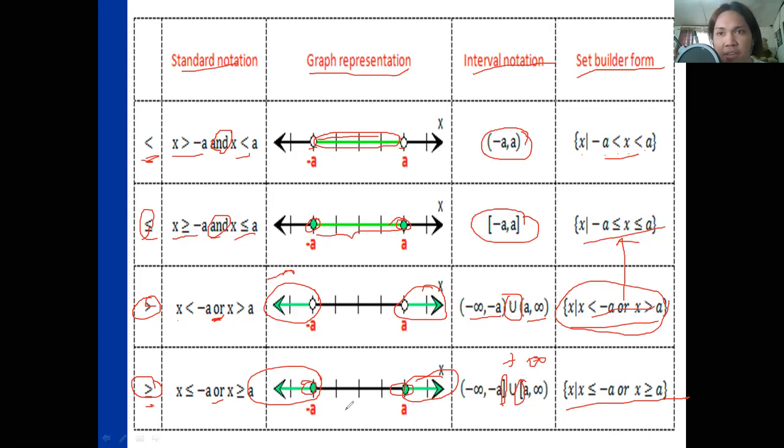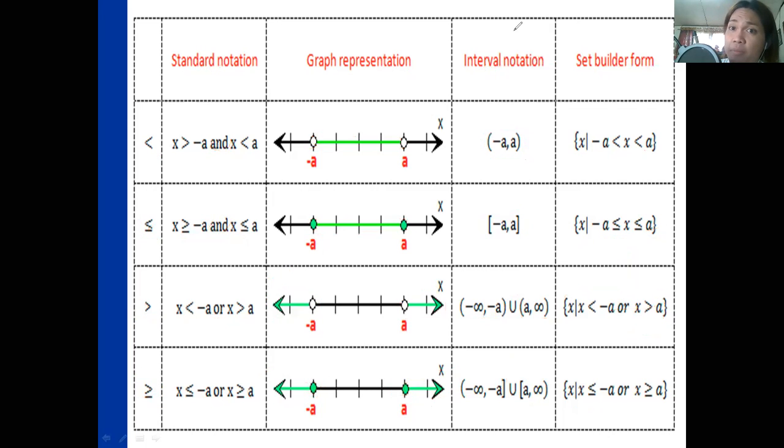Example of and here. So I hope you'll be able to remember this one. Please do not forget about this table. This will help you a lot to understand the concept of linear inequality, especially in writing the solution set using interval notation, and most especially in graphing.